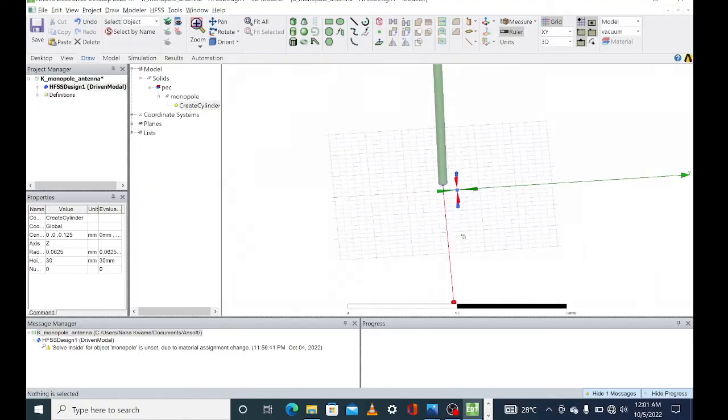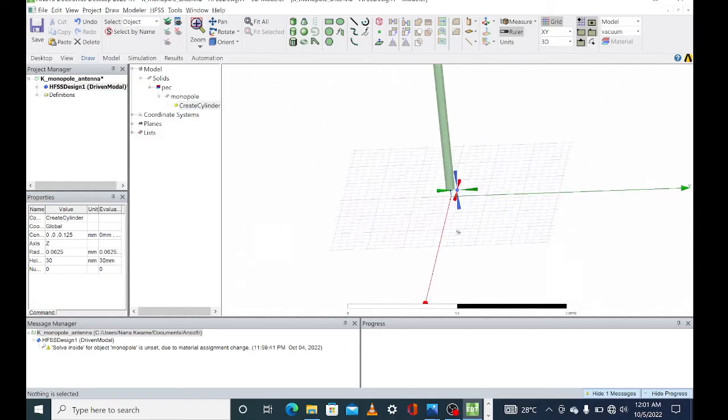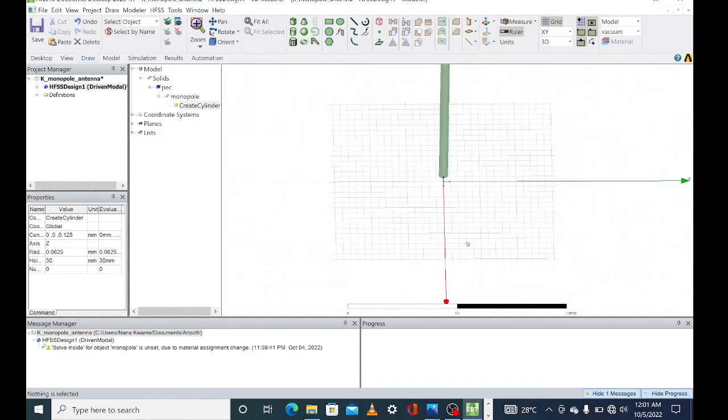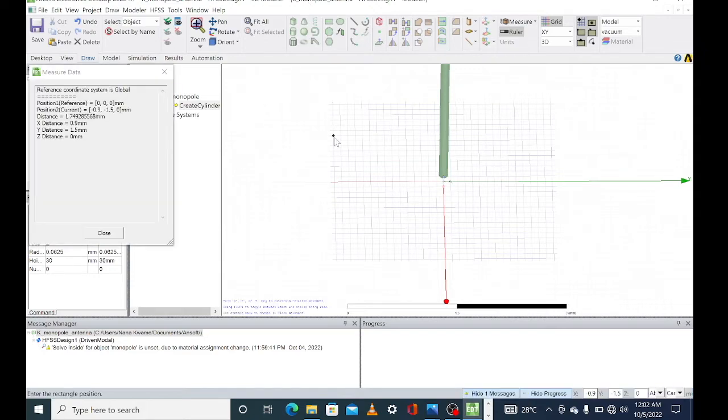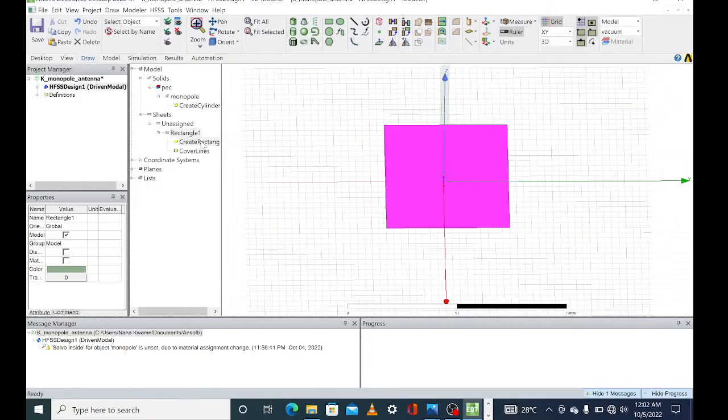All right, so we can go ahead and draw our ground. For the ground, we will choose a rectangle. Name it ground in the property window.